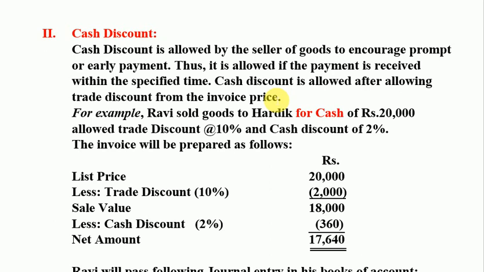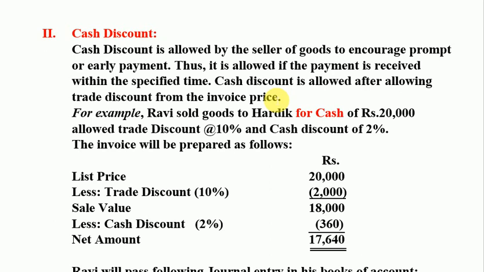That means if a customer purchases commodities and the seller provides some more discount on cash payment, then that purchaser pays the amount of money to the seller earlier. Got it? So in that condition, the seller provides more discount to encourage prompt or early payment.